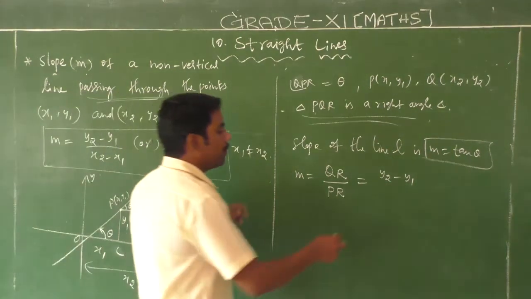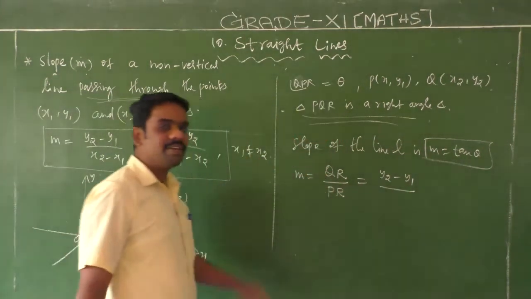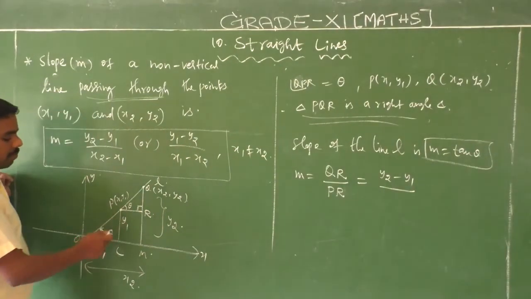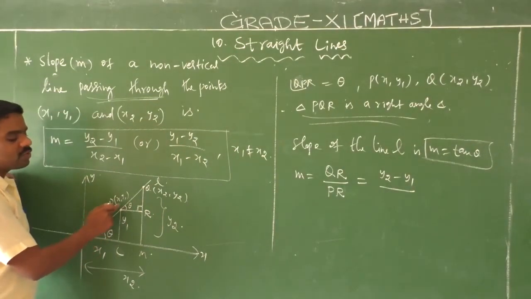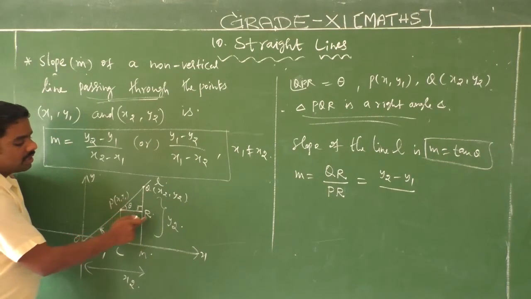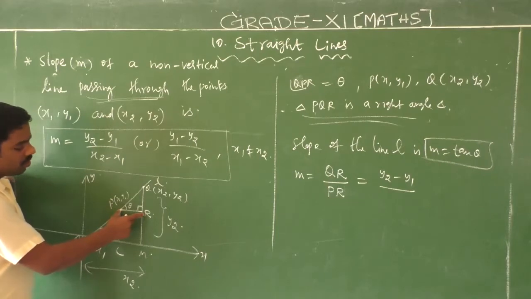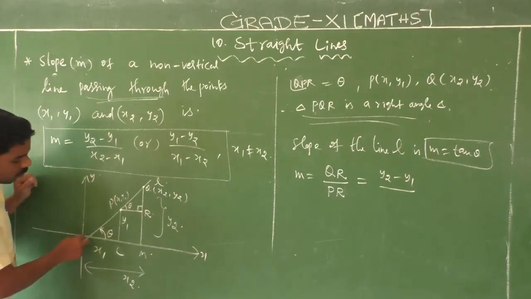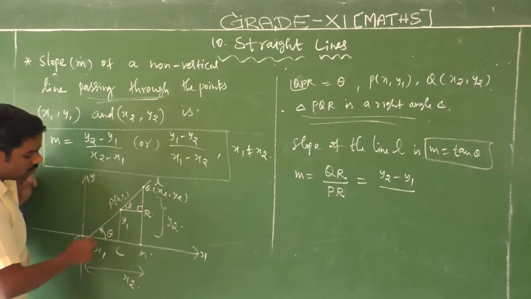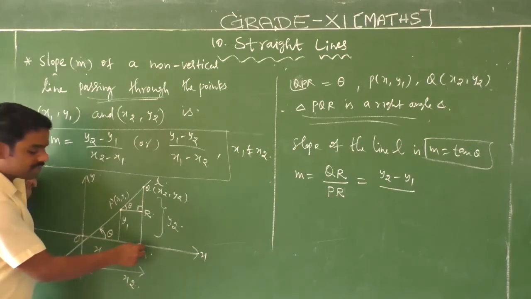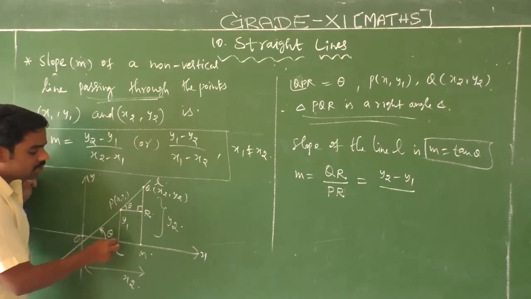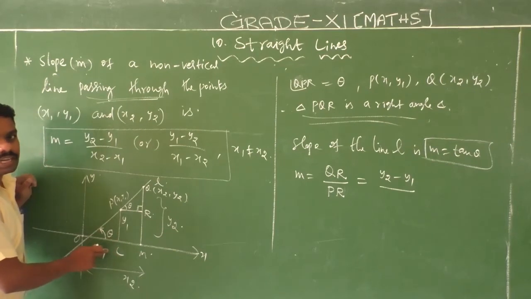Divided by PR. PR is the distance between the points P and R. We know that OM is equal to x2 and OL is equal to x1.